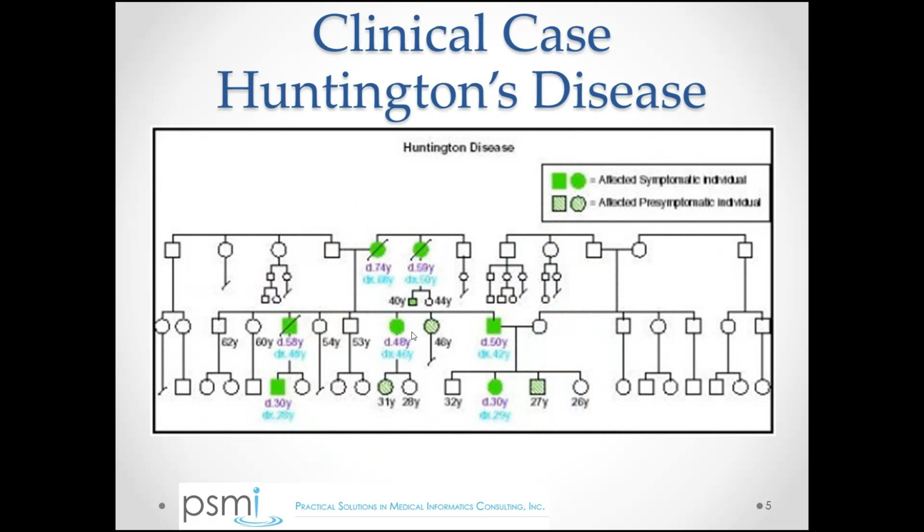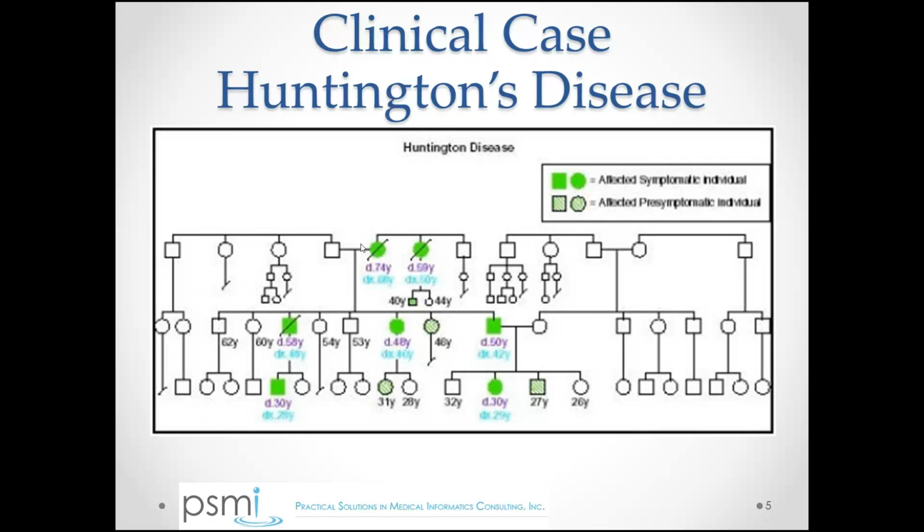And here's a pedigree that we've looked at before, illustrating something we call anticipation. One of the things you notice in this pedigree is that with successive generations, the age of onset of affected patients gets earlier and earlier. It's this strange phenomenon called anticipation, where the onset gets earlier with successive generations.